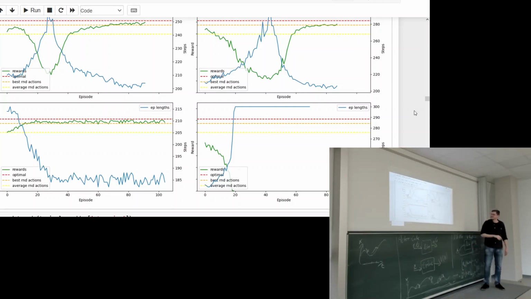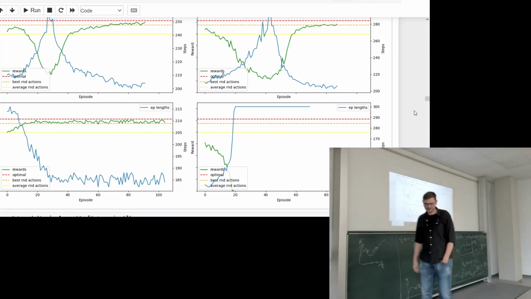And last but not least, I also had an agent in here which did the job completely wrong. You see, no good reward is coming out here, and the episode length, so the number of steps, is actually hitting its upper limit for most of the time. And if that happens, then the reward is also not that great, of course.